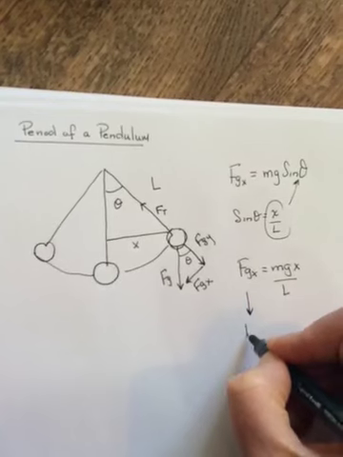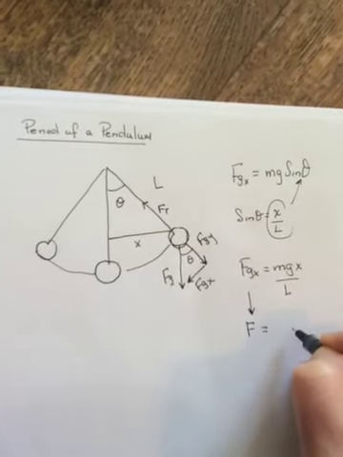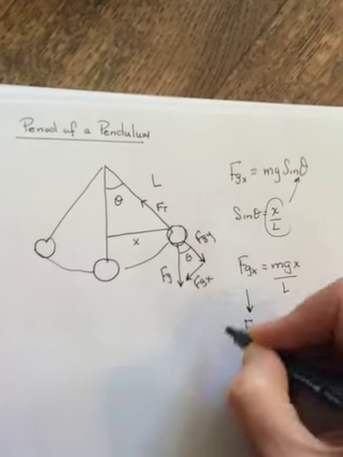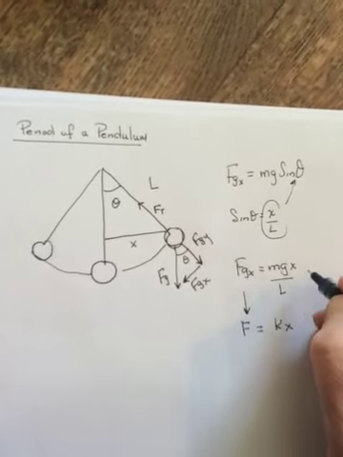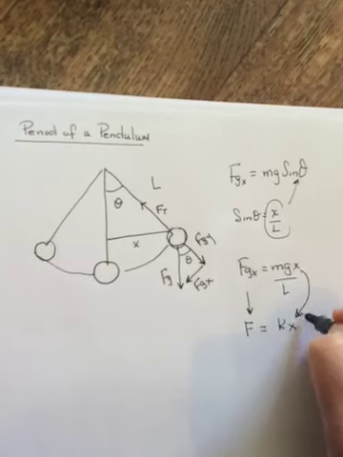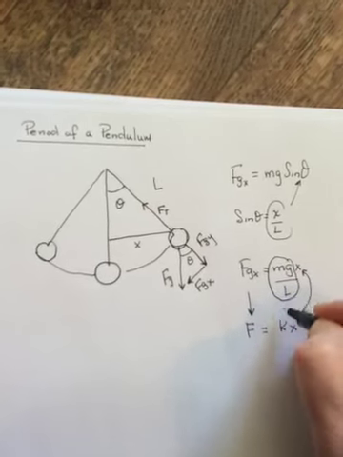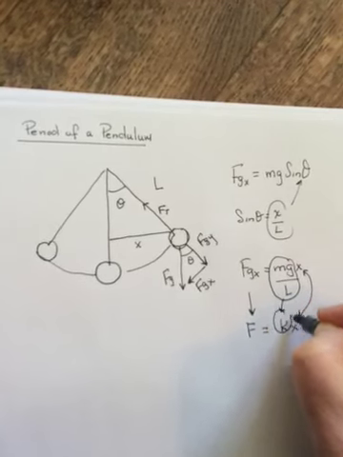So this is our F in that equation that we looked at the other day and last year, F equals Kx. So Fgx is the F, x must be the x, so this mg over L must be our K.